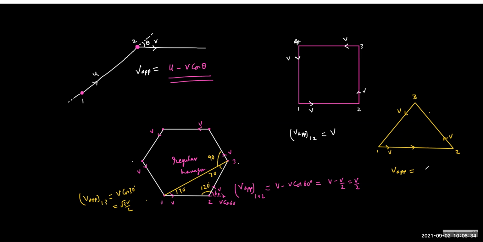Sir, it's 3V by 2. Yeah, it's 3V by 2, with 120 degrees, because this is coming this way, no? So you can just take the component. Now both are approaching each other, so we can just add the velocities. When one is going away from the other, we separate. When both are going towards each other, we add. That's common understanding.